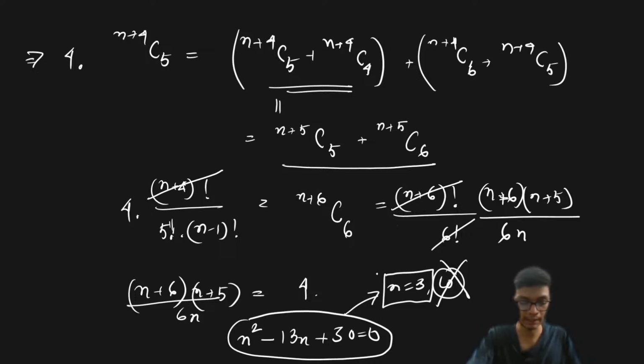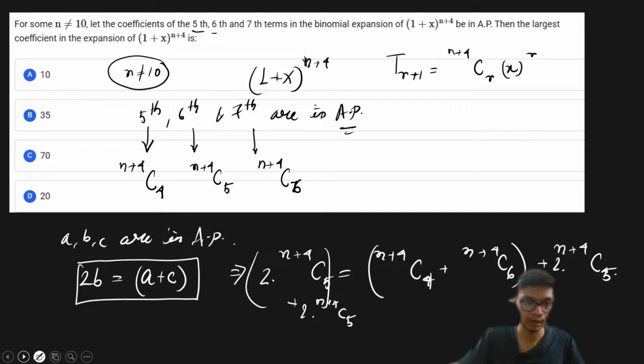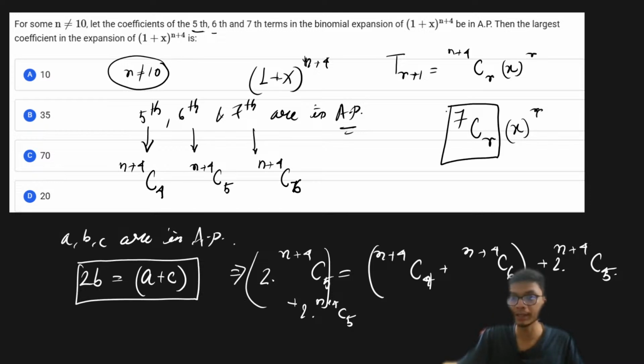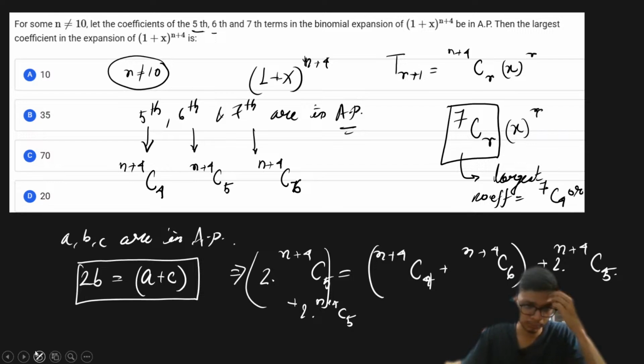So therefore, if I take n is equal to 3, our expansion is something like 7C r x to the power r. So from this 7Cr, if I need to find the largest coefficient, it is basically going to be 7C4 or 7C3, both of them are possible values.